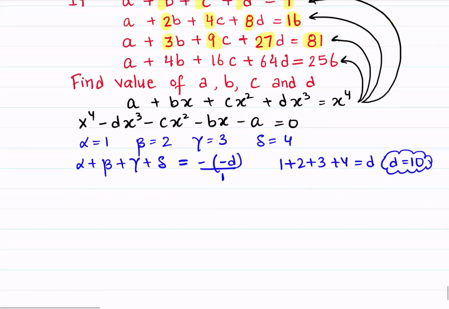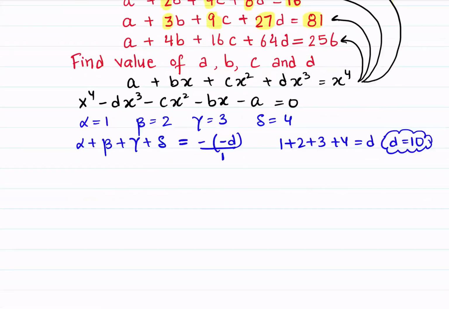In the same way, if we take the sum of products of 2 roots at a time, we get alpha beta plus alpha gamma plus alpha delta plus beta gamma plus beta delta plus gamma delta. This is coefficient of x square upon coefficient of x raised to power 4.